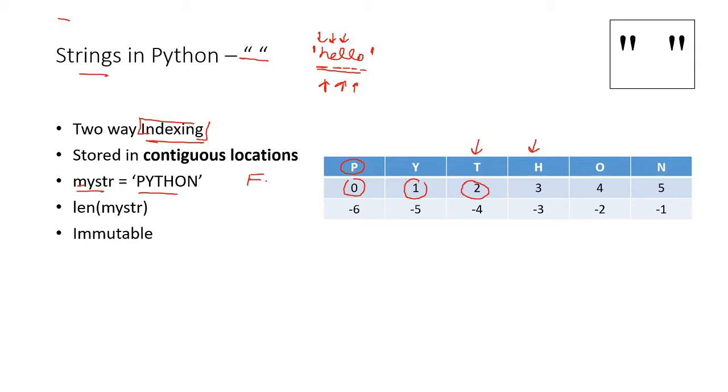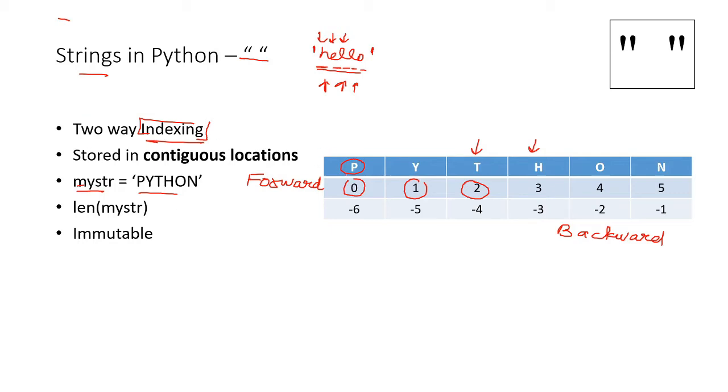Now, there are two types of indexing. One is forward indexing, and another one is backward indexing. That means there are two ways in which you can access any particular element by using its index. So, in this case, the string is Python.